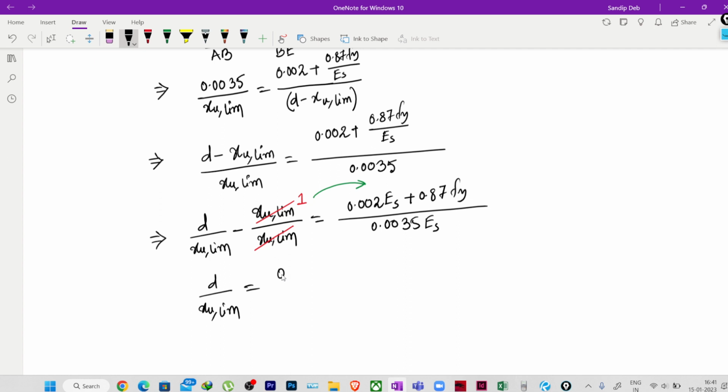Okay, so how much will we be having? It will be 0.002 ES plus 0.87 FY by 0.0035 ES. It was minus 1, so it will be now plus 1. Okay, fine.